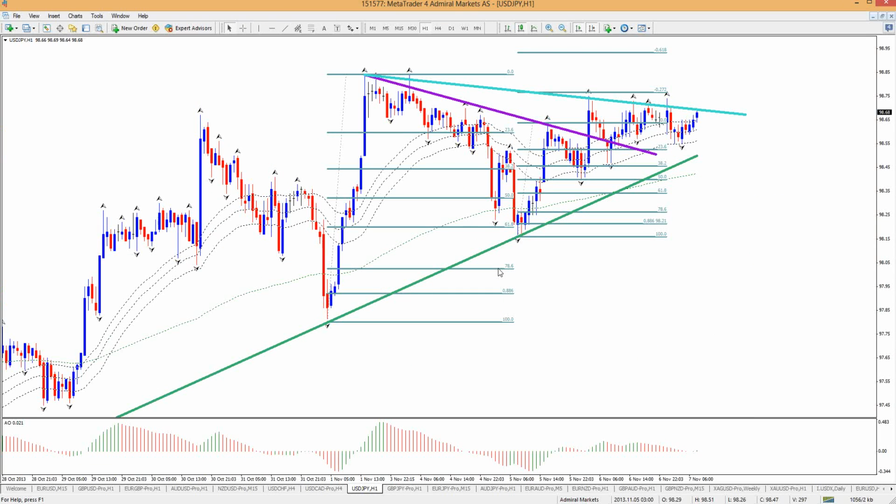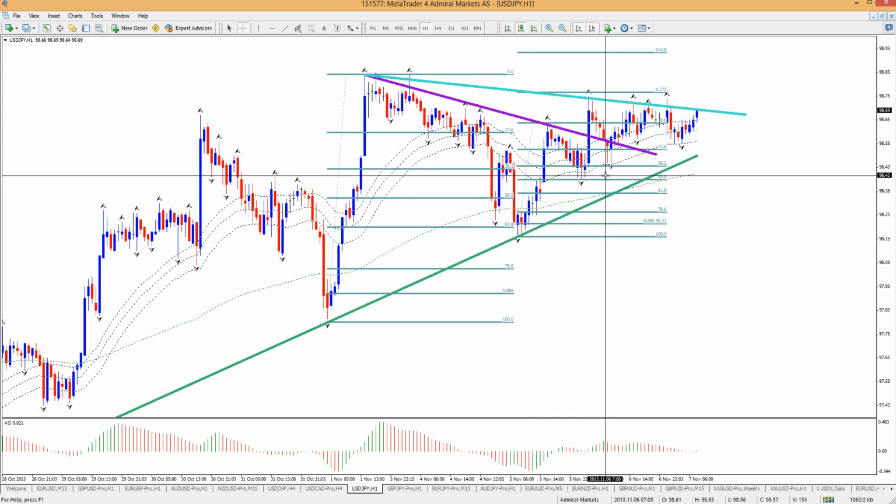Dollar yen. That's something that we've been looking at for a while. And let's see, we were actually trading it from 83.30. I thought, yeah, a stop loss is 83.15 on Tuesday, and that's still actually doing well.